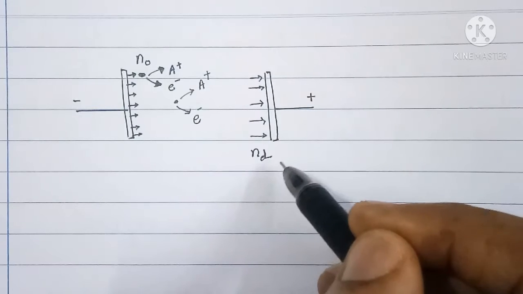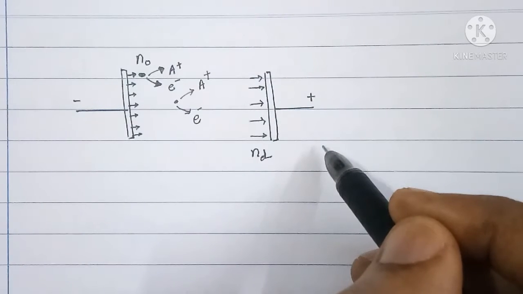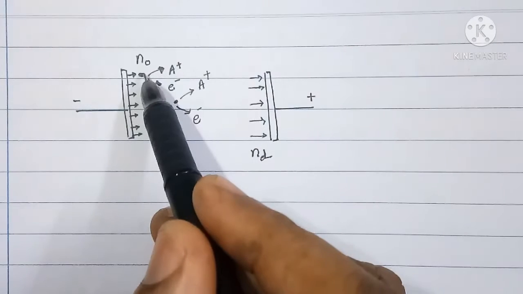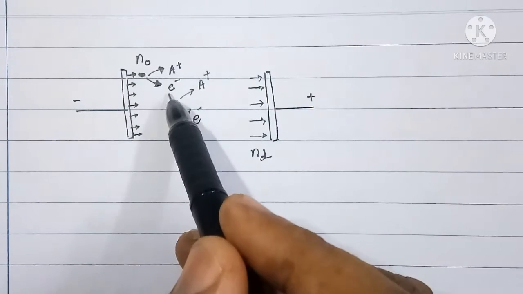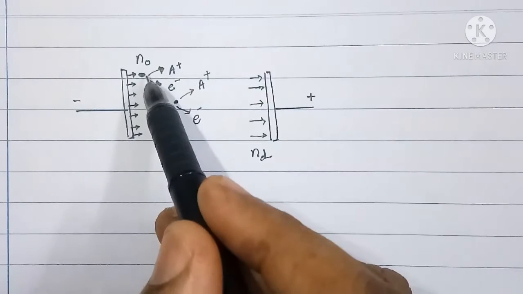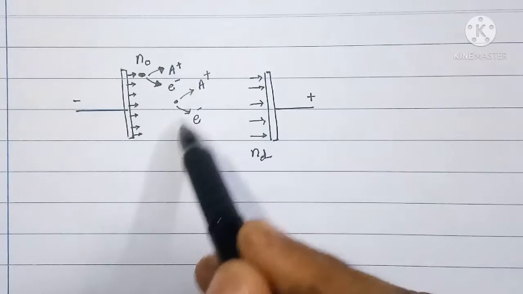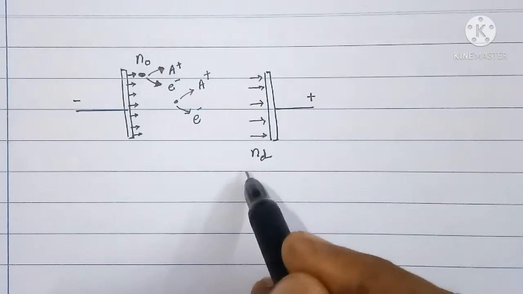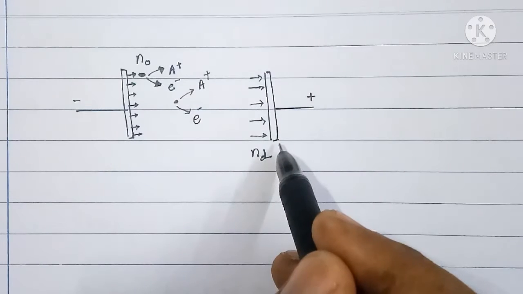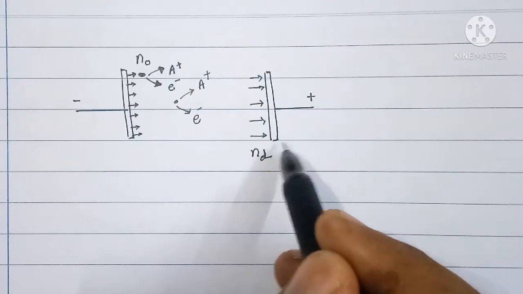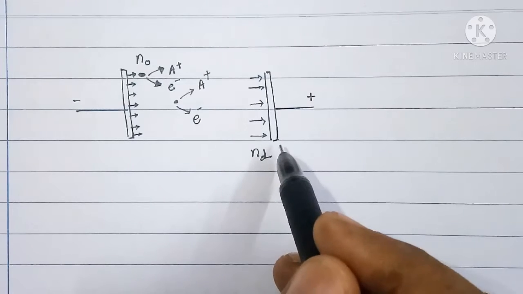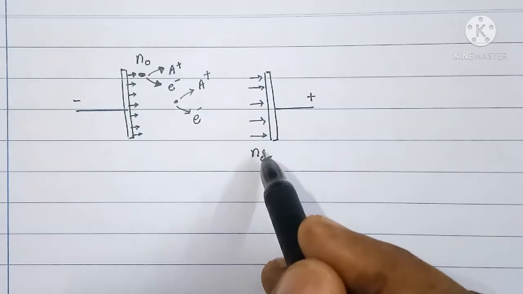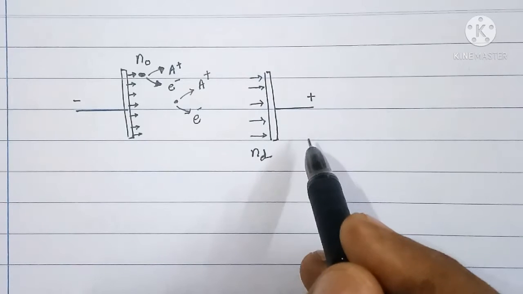And since here we are considering only N0 number of electrons making collisions with the gas atoms and producing electrons, and because of that large number of electrons, that is Nd number of electrons reaching the anode, is called as single avalanche process. Now we will take up current growth in the presence of secondary processes.